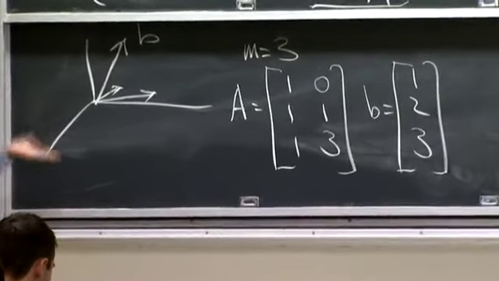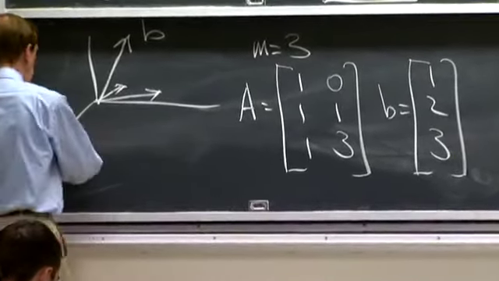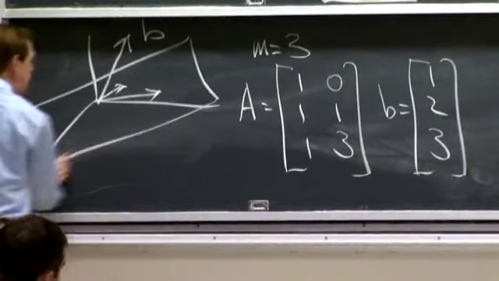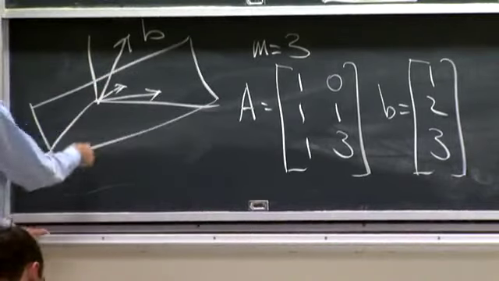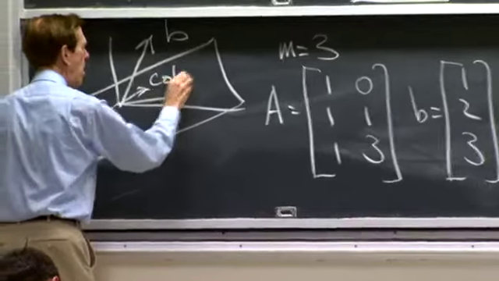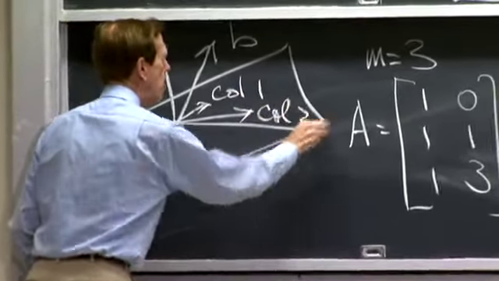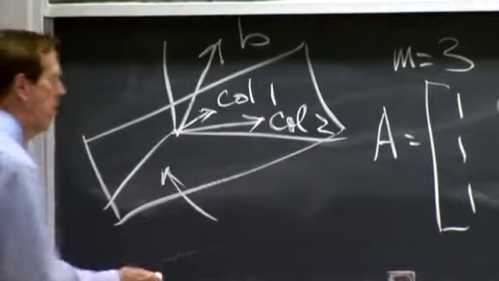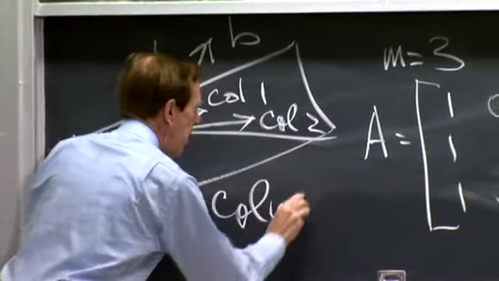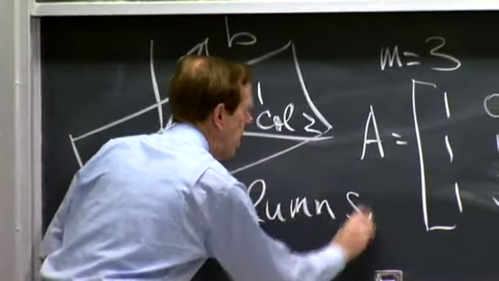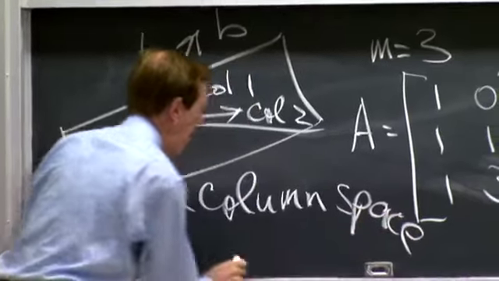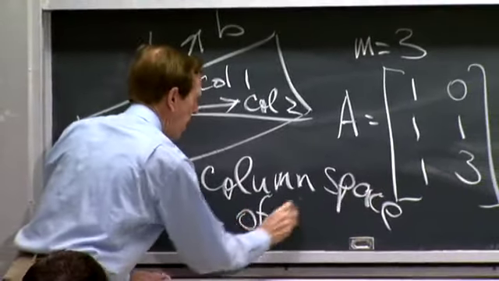I get a plane. That's the plane. This is from column 1. Here's column 2. This plane is the column plane, or column space. It's the column space of A, because it comes from the columns of A.